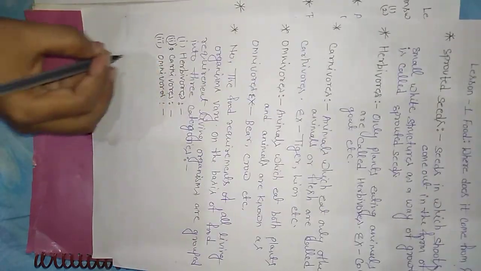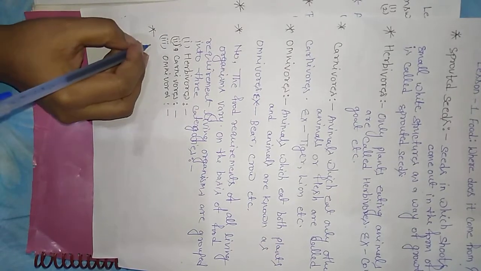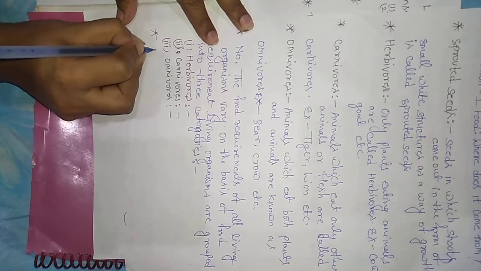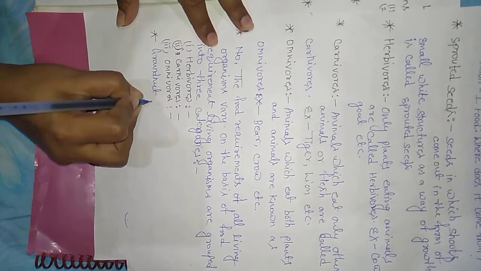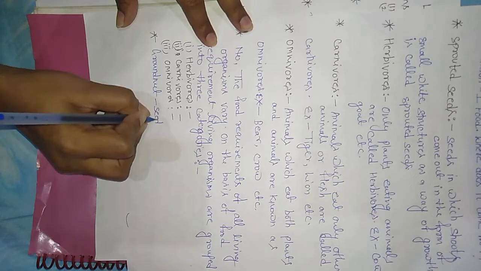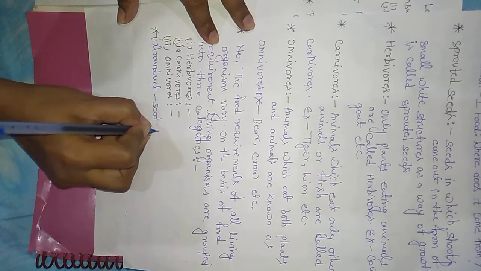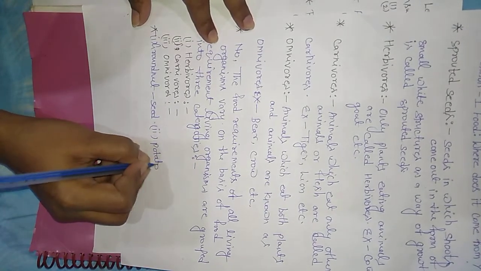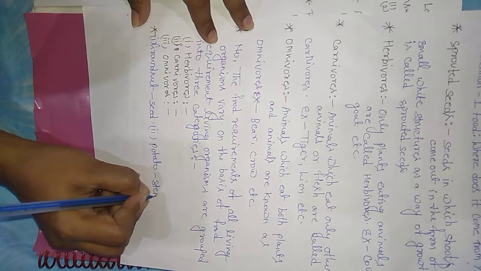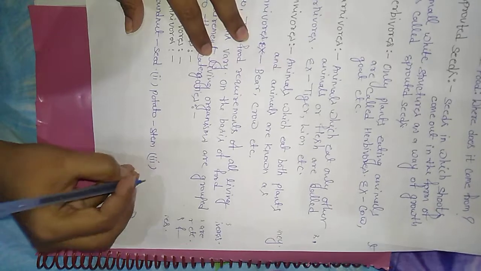So I am telling you some plant names and the parts that we can eat. If we are talking about groundnut, it is the seed of the plant. Whereas potato is the stem of the plant.